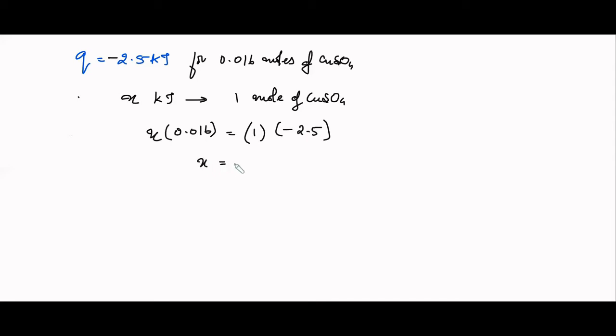So I'll be getting X as equal to 2.5 over 0.016, which gives me 156.25. Of course, the negative sign will be there.